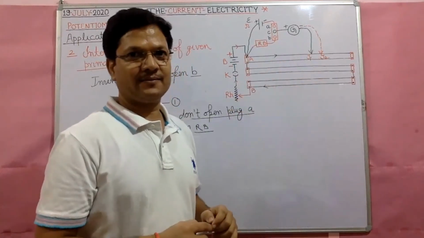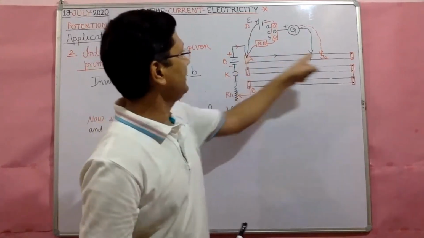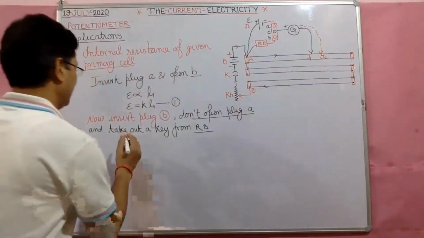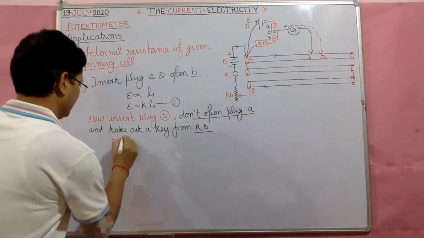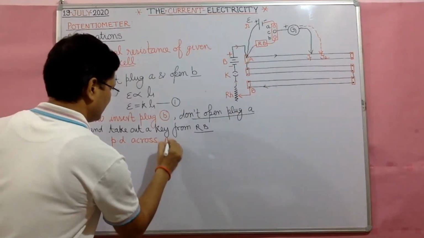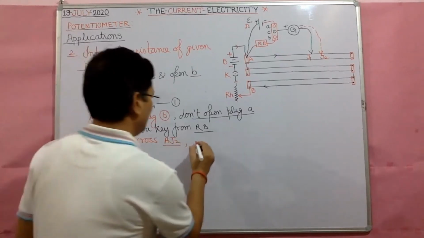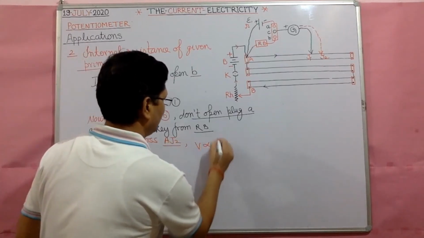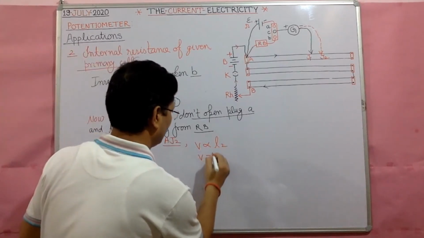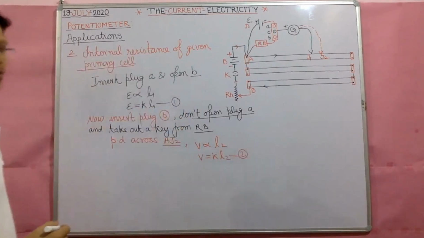In this condition, the potential difference across AJ2, V, is directly proportional to L2, or V is equal to K L2, equation number 2.